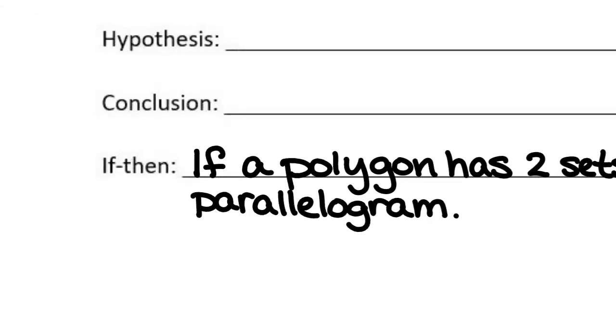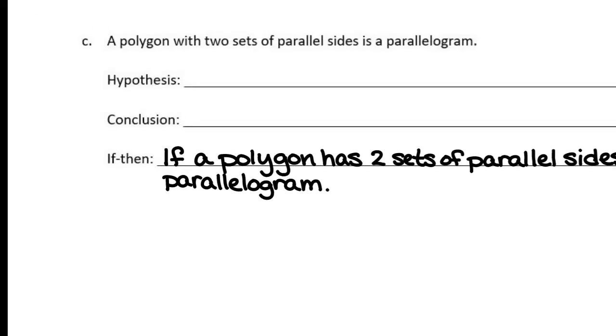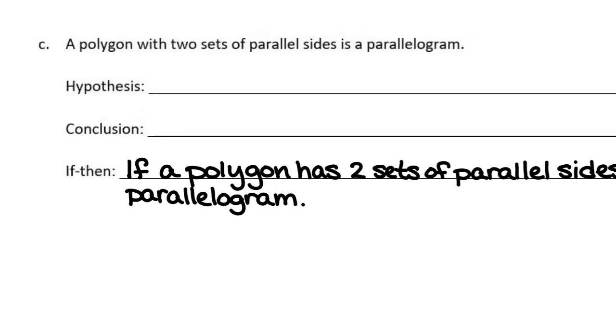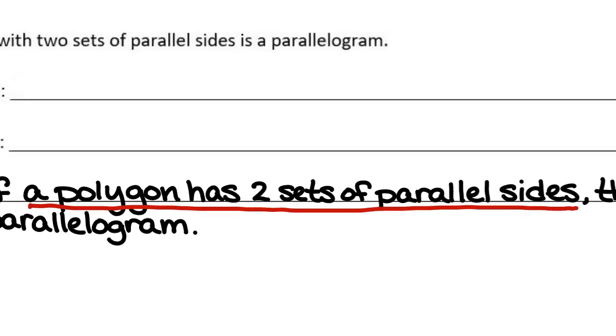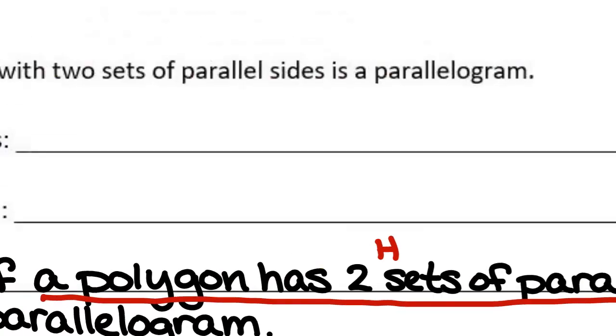All right, let's write our hypothesis and our conclusion now based on our if-then. If a polygon has two sets of parallel sides, then it is a parallelogram. What would my hypothesis be? Perfect. A polygon has two sets of parallel sides.